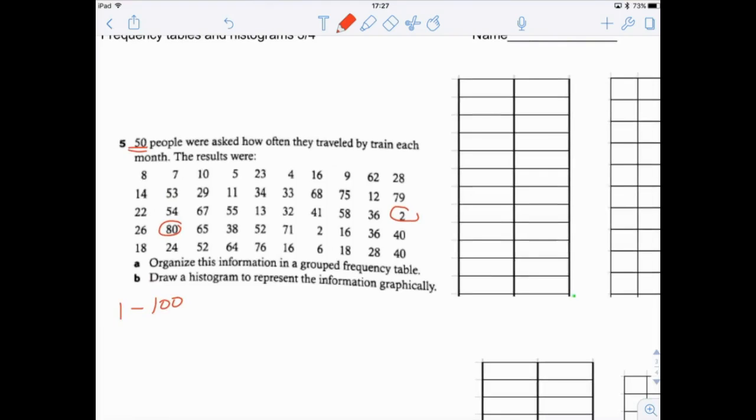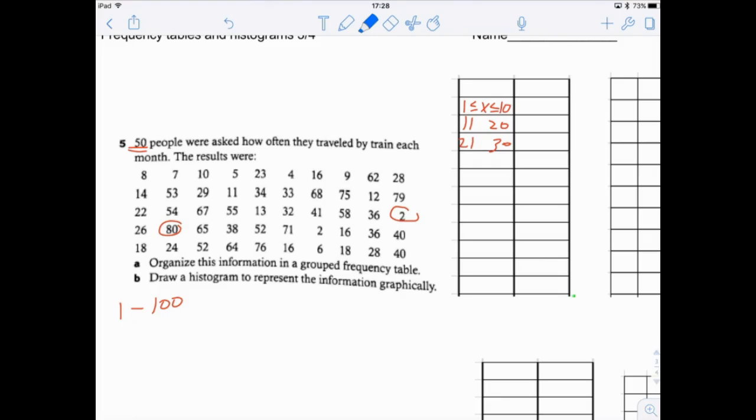For example, for the first one we're going to put 1 is less than or equal to x is less than or equal to 10. The next one's going to be 11 through 20. Next one's going to be 21 to 30, etc. Then I'm going to start figuring out how many of these go into each box. First I'm going to mark which ones go in the bucket 1 through 10.